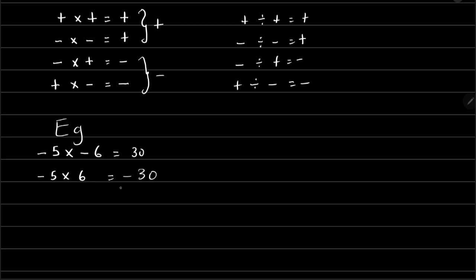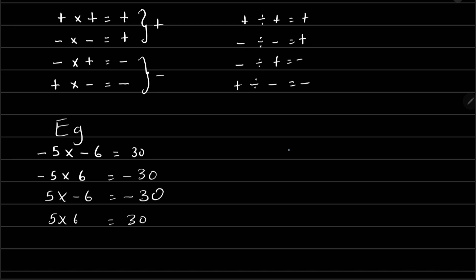So negative 5 times positive 6 will give you a negative 30. Let's say we had a positive 5 times a negative 6. A positive times a negative would give you a negative, and 5 times 6 would give you 30. So what we want to do first is multiply the signs, whatever signs you have, and then multiply the numbers. The same thing goes for division.